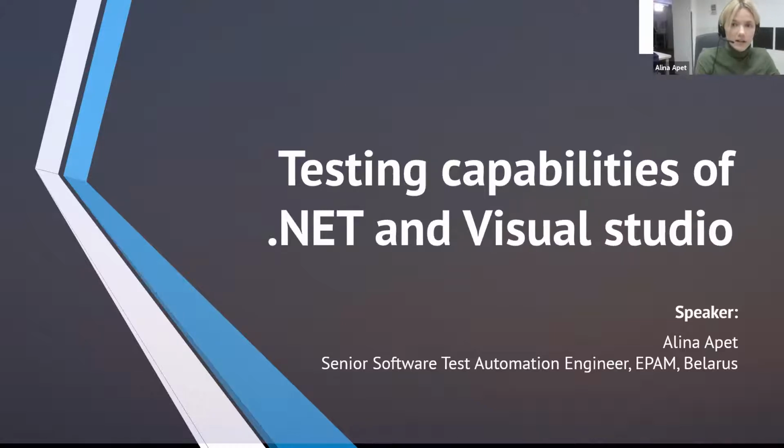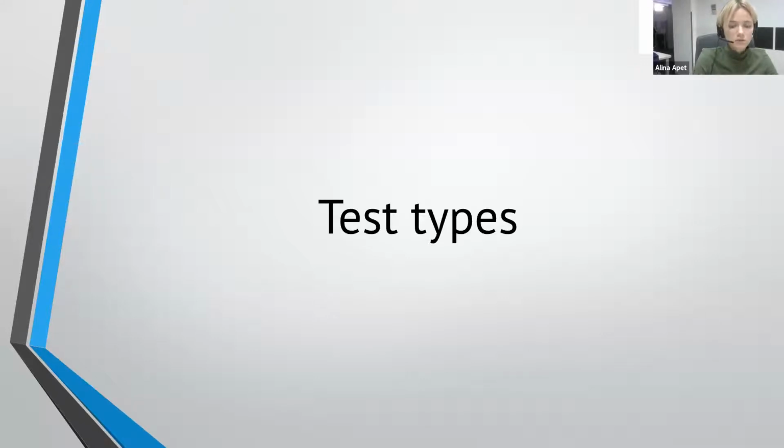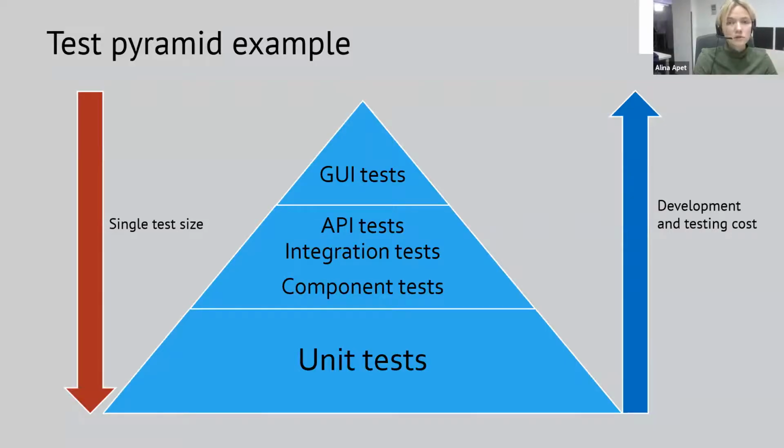Okay, let's start with the test types we are going to discuss today. In general, we need to talk about what should be automated, because to start with it is very useful to cover the topic of the test pyramid.